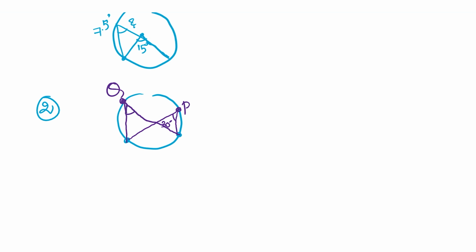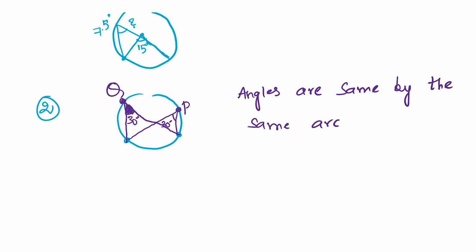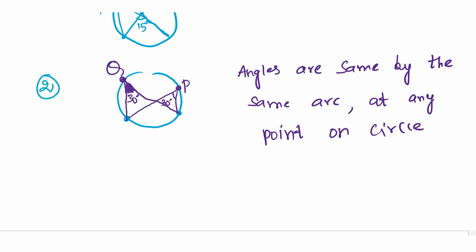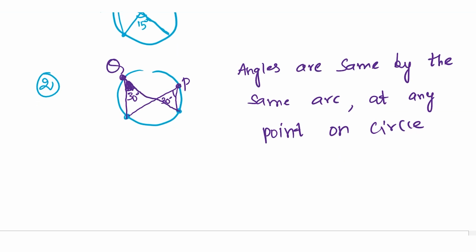How much will this angle be? 30. So angles subtended by the same arc at any point on the circle are the same.